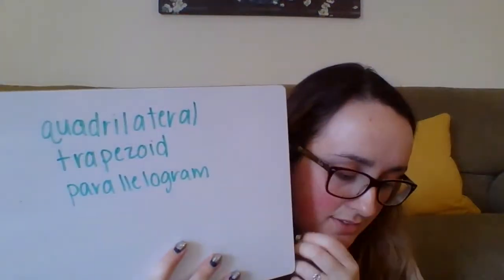Okay, so that's what we have. Now, the next part, we need to check. If it's not a rectangle, it could possibly be a rhombus, so we need to check those. So, knowing our classification for a rectangle is a special parallelogram with 4 right angles and 4 pairs of perpendicular sides.